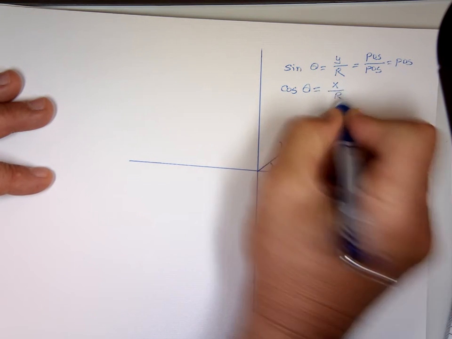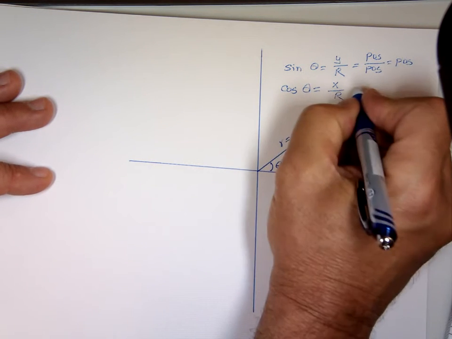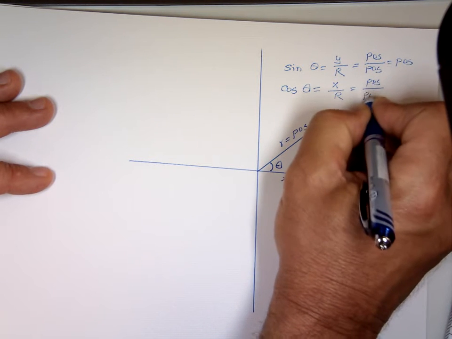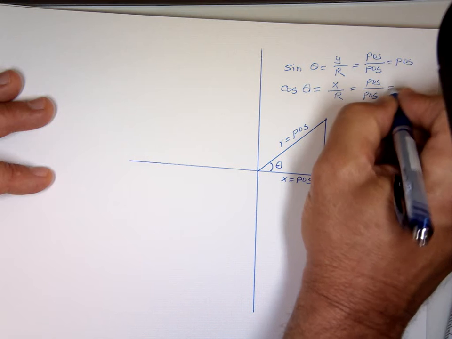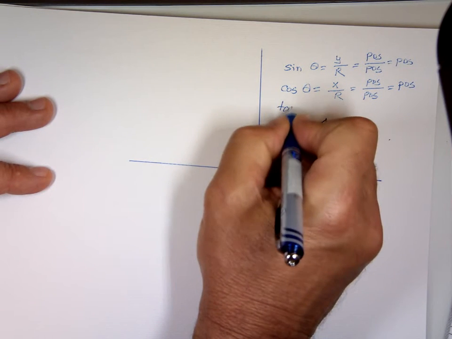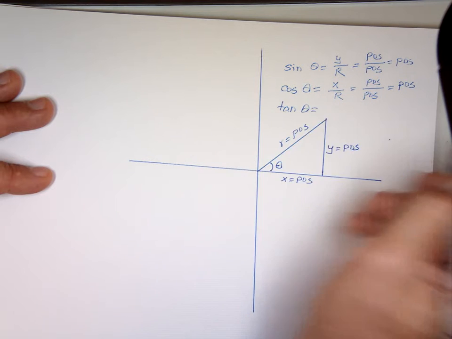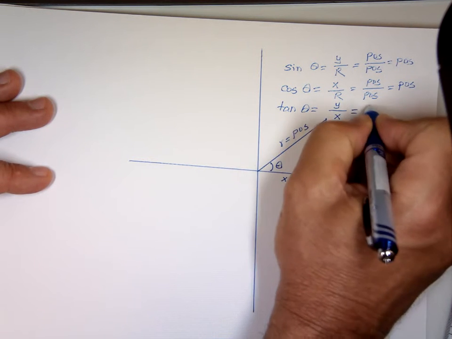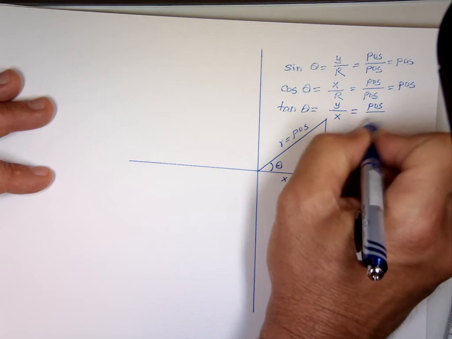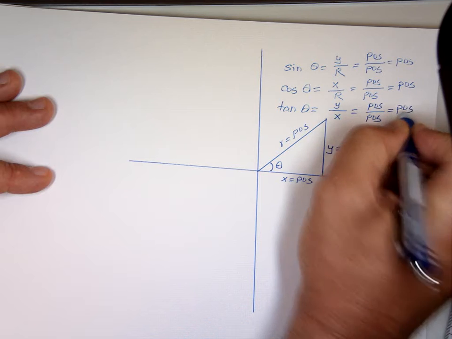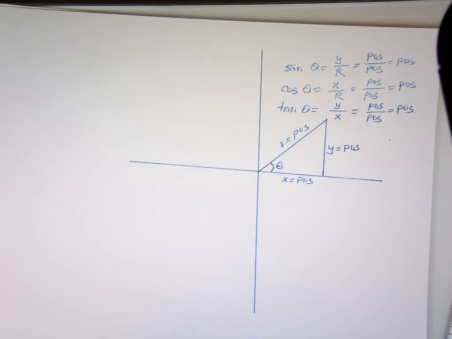And x is positive and y is positive. Positive over positive, that's a positive. And what's the tangent? Opposite over adjacent. Still positive over positive, which is positive. That's why all three of them are positive in this quadrant.